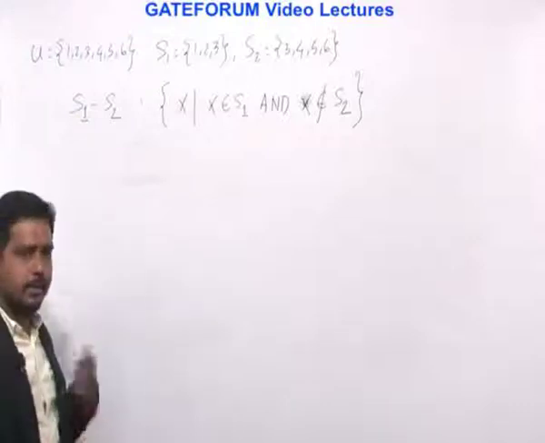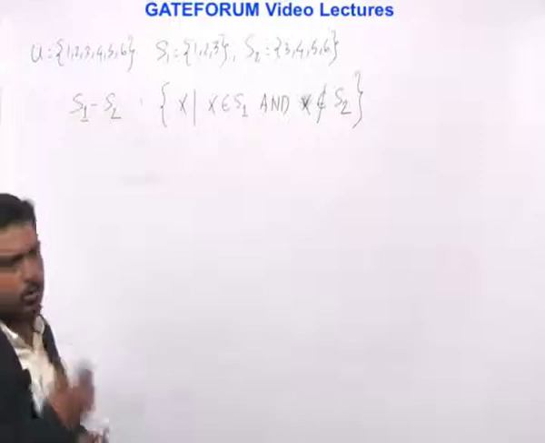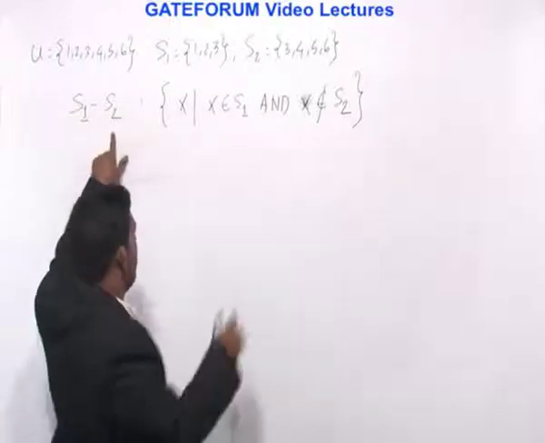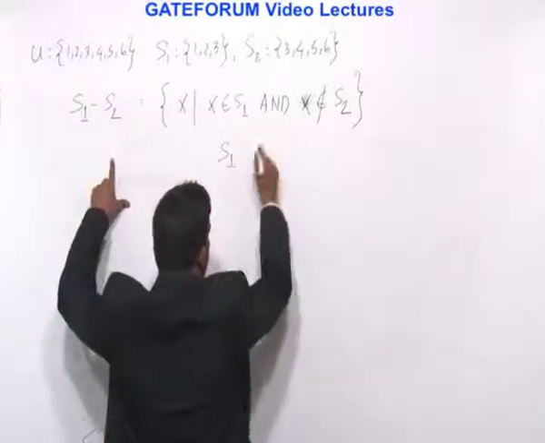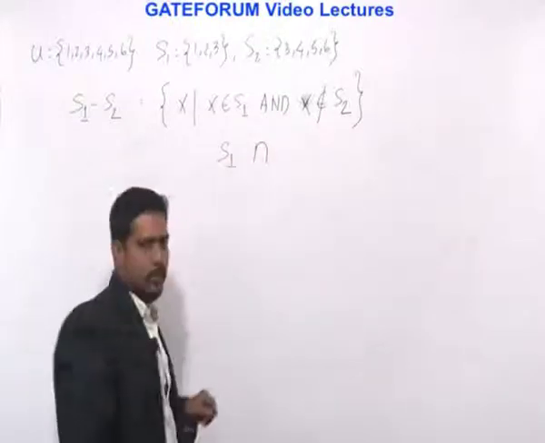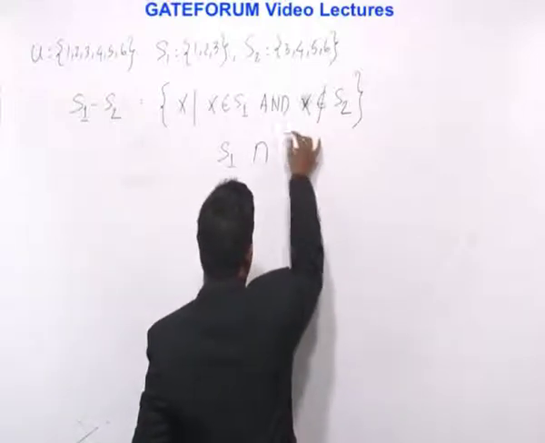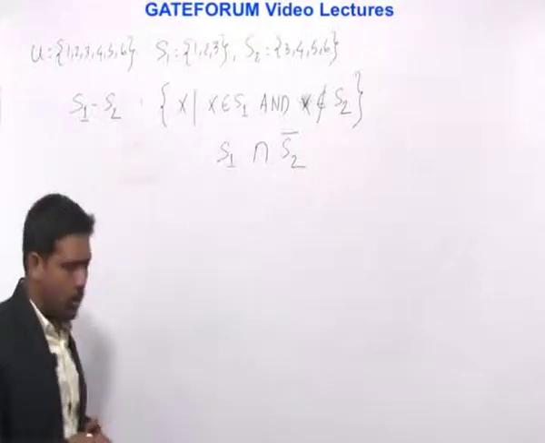Let's translate this into symbolic notation. S1 minus S2: we are interested in all elements of S1, and 'and' is for intersection, and it is not an element of S2. So S1 intersection S2 complement.